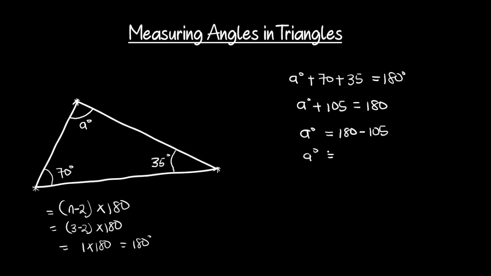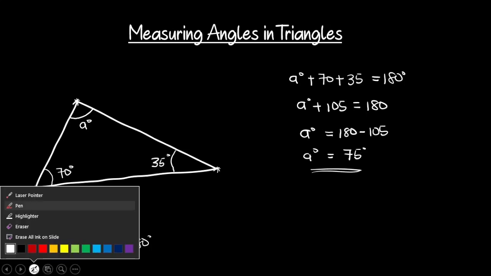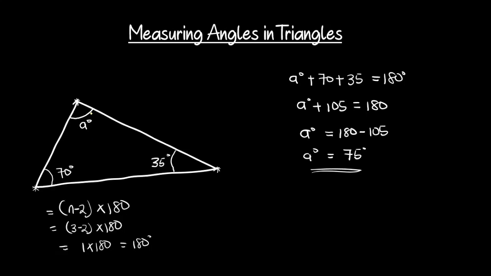So 180 minus 105 gives me 75 degrees as the value for A. Therefore the angle A at the top is 75 degrees. And if we add 75, 70, and 35, we get a total of 180, as we expected for this particular problem.